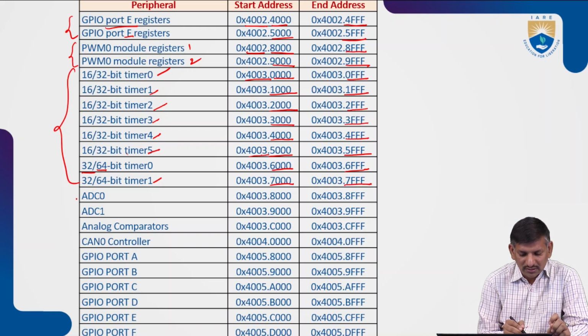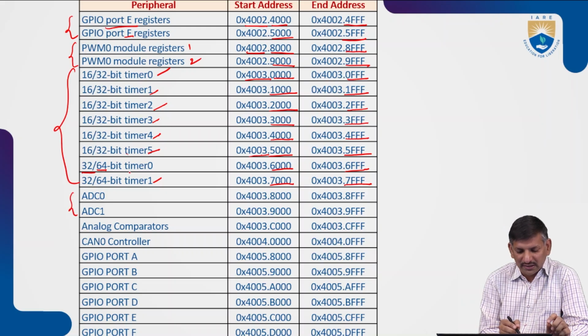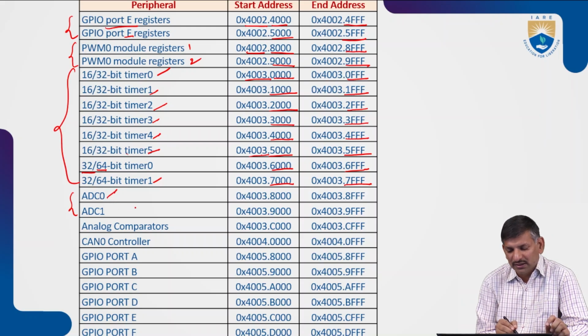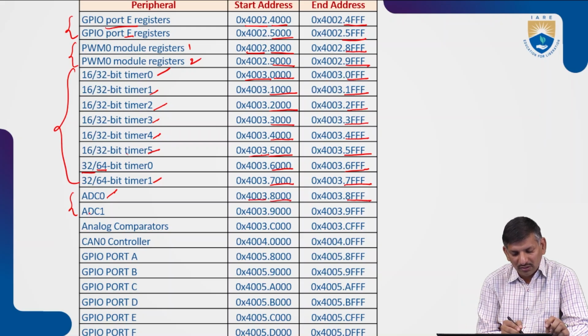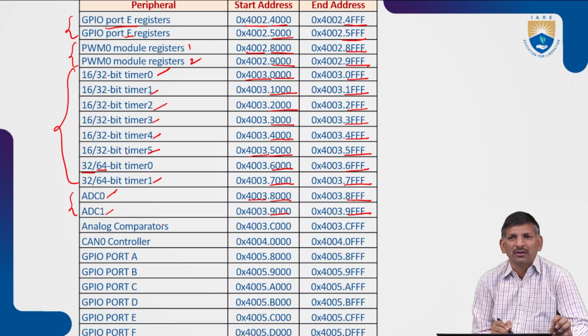Next, it contains analog to digital converters. Actually, 12-channel, 12-bit ADC converters. ADC 0, that address range is 4003 series, 8000 to 8FFF. ADC 1, 9000 to 9FFF. Next, it contains analog comparators for doing the comparison operations.